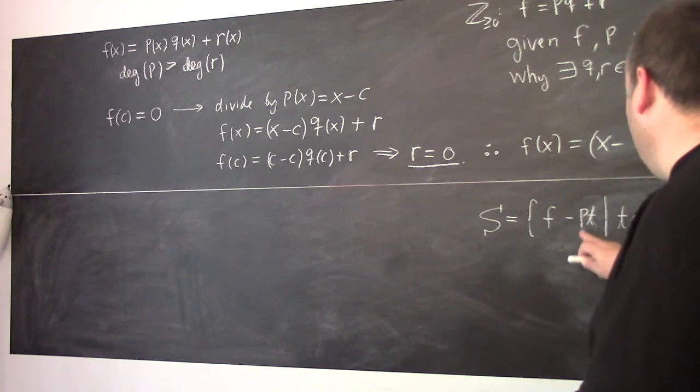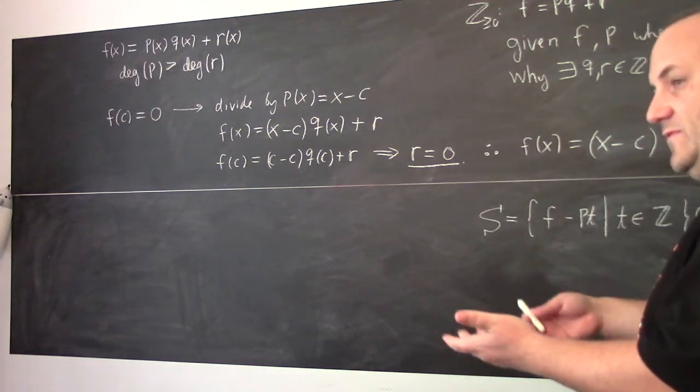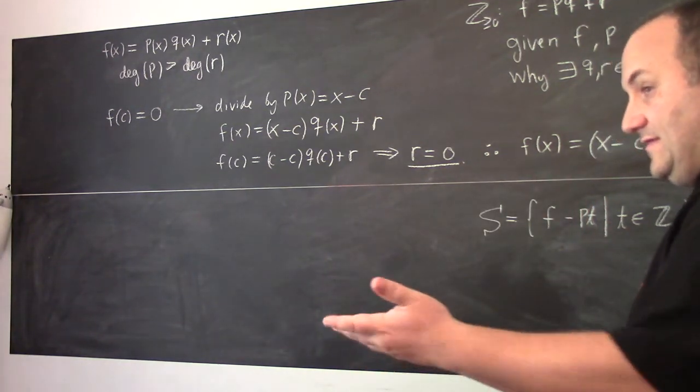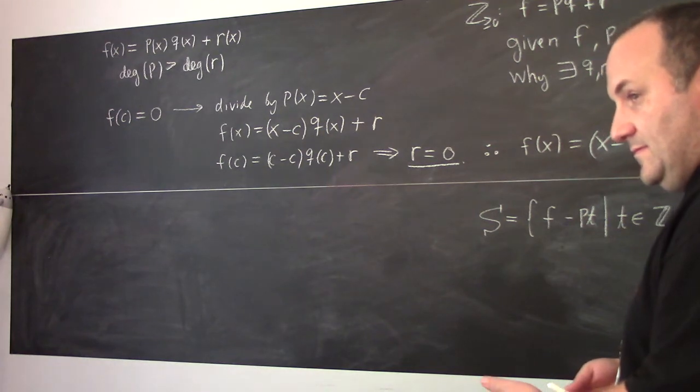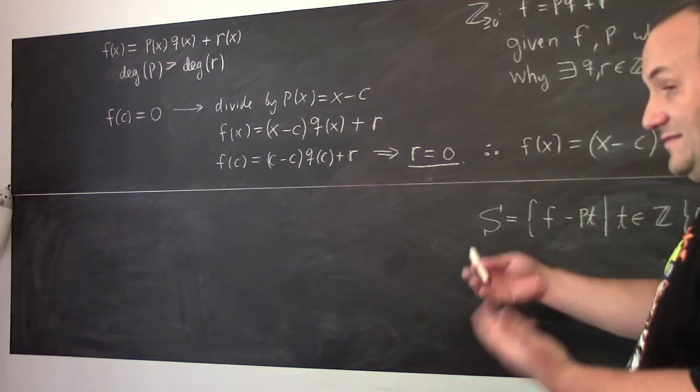So the point is that this is a non-empty subset of positive integers, so therefore by the well-ordering principle, it has a least member. It has to have a unique least member, right?